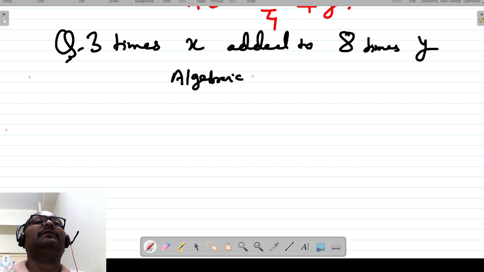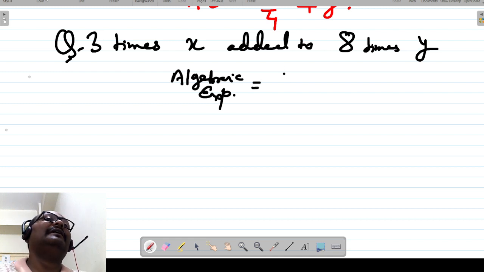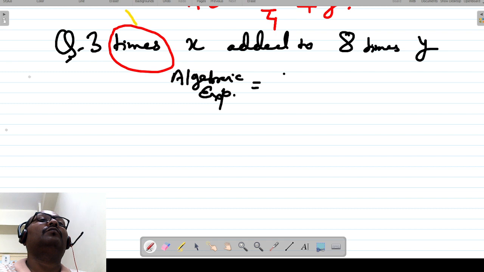The algebraic expression will be 3 times x. Here, identify the words. Times means multiply, right?